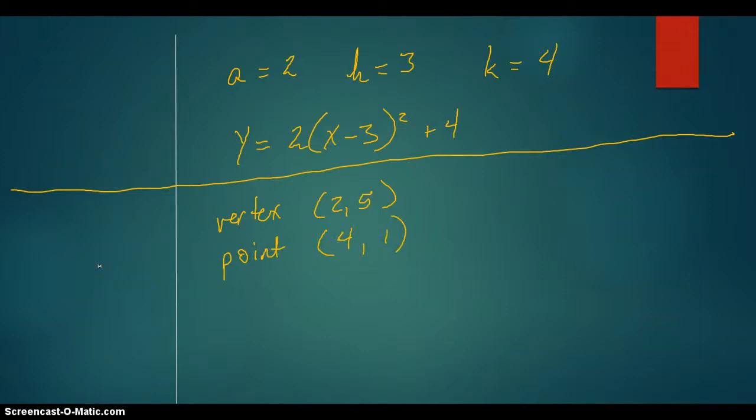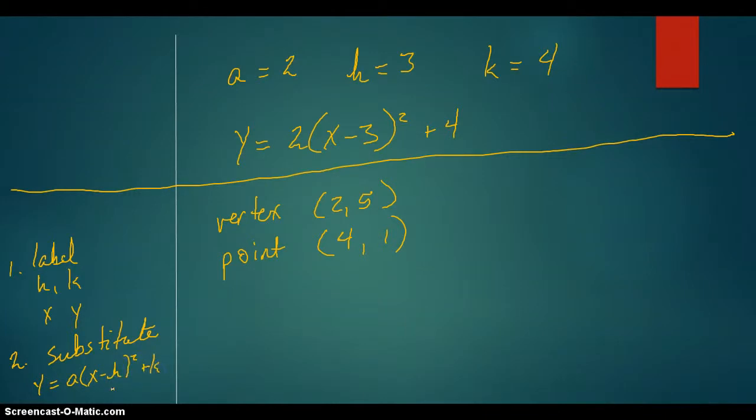And so just to give you a hint, you need to label the information that you have. Label H, K, X, and Y. And then you need to substitute that into Y equals A, X minus H squared plus K. And 3, you solve for A. And then you put A, H, and K back in, and you have your equation.